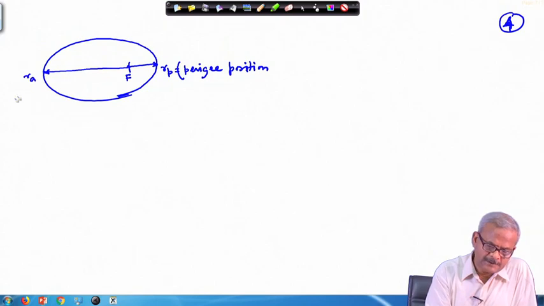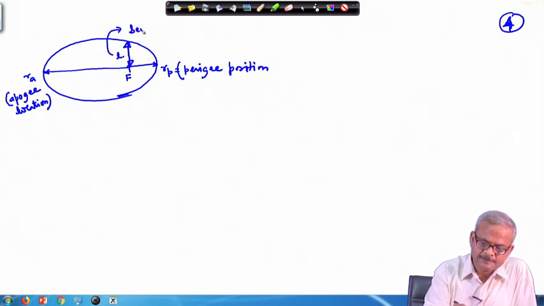This is r a, and this is your apogee location. And the length from this place to this place, the vertical distance from here to here, is your L, which we have written as the semi latus rectum.